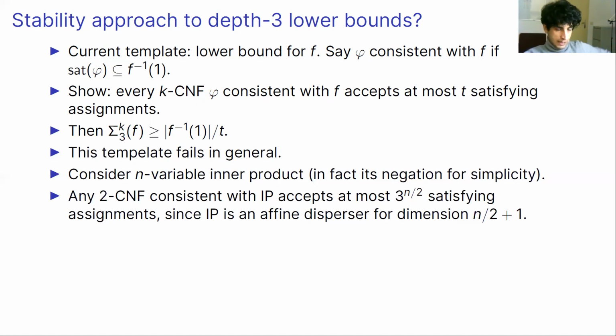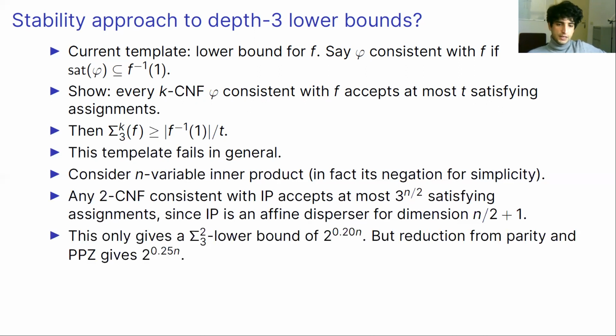So our result, our universal 2-dimension, implies that every 2 CNF consistent with inner product accepts at most 3 to the n over 2, and this is tight. So if we want to apply this template, now we get a lower bound of 2 to the 0.2n. But actually, we already know a better lower bound, and this follows from the lower bound for parity, which is in the PPZ paper.